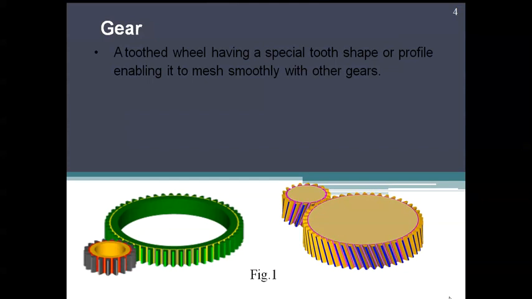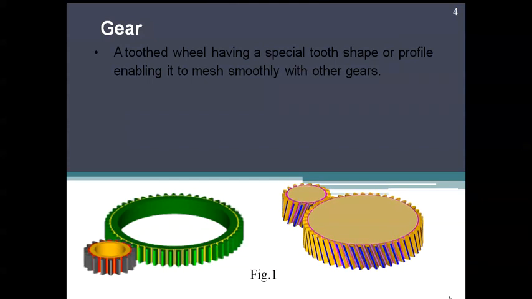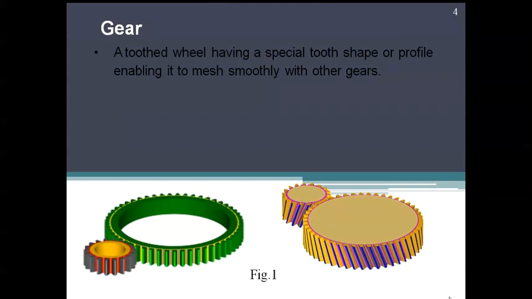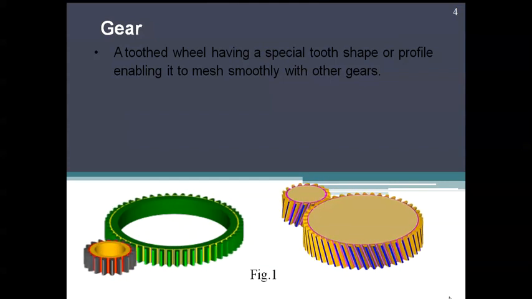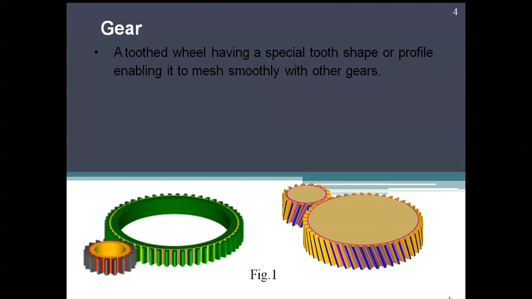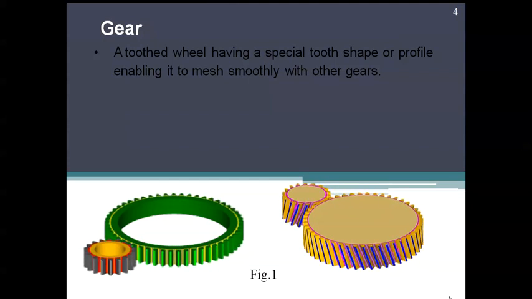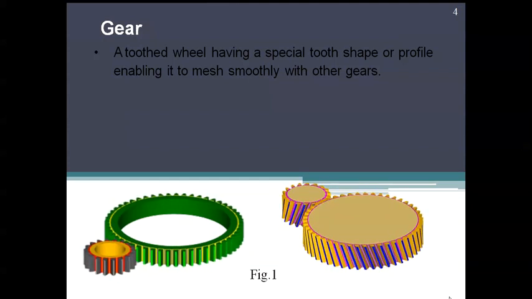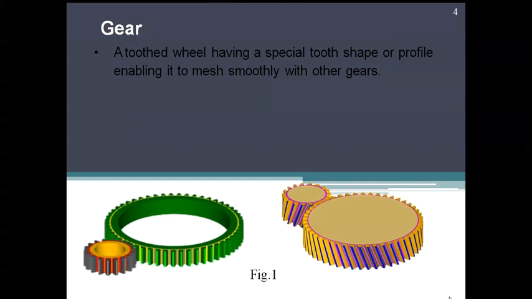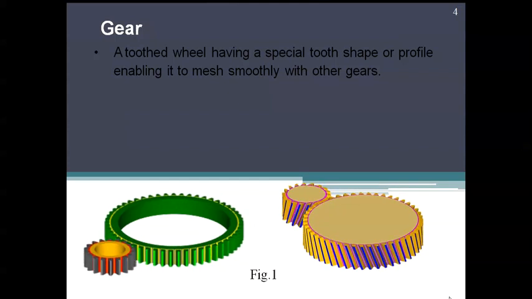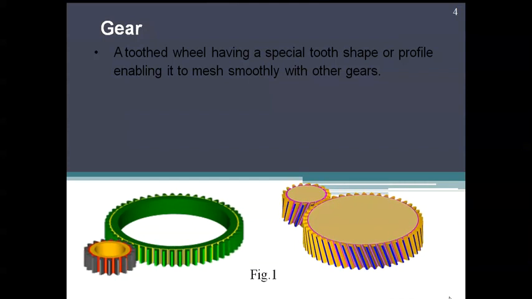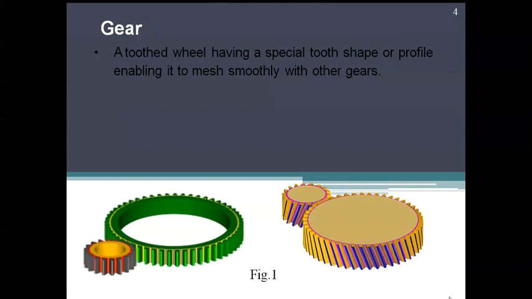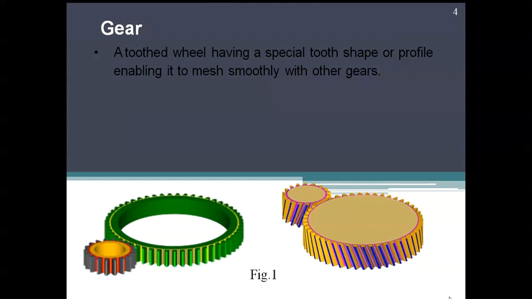What is a gear? A gear is a toothed wheel having a special tooth shape or profile, enabling it to mesh smoothly with other gears. So the gear has a special tooth shape or profile so that it can mesh smoothly with another gear.